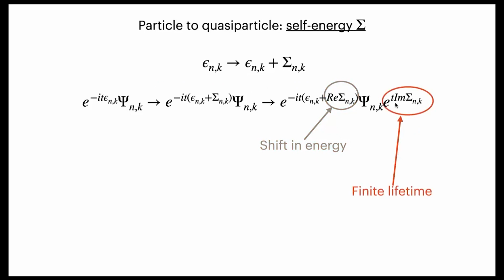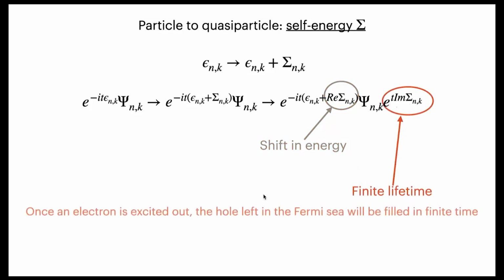And it also gives you a finite lifetime, so this now doesn't have an i in front of it. So this gives you the smearing. What does this mean? Well, once an electron is excited out of its state, the hole will be replaced in finite time, right? That's like the Landau quasi-particle picture.